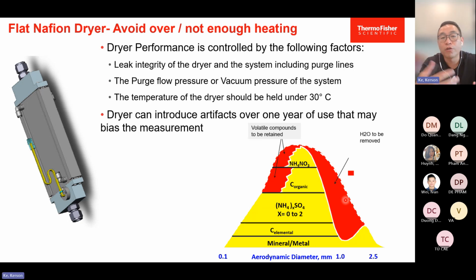But for TEOM, for this 1405F or DF, the difference is we don't use the heating way. We use this Nafion dryer. It's a kind of physical way. When the sample gas passes through this dryer, which is a film, all the moisture outside of the particle will be removed by this process.